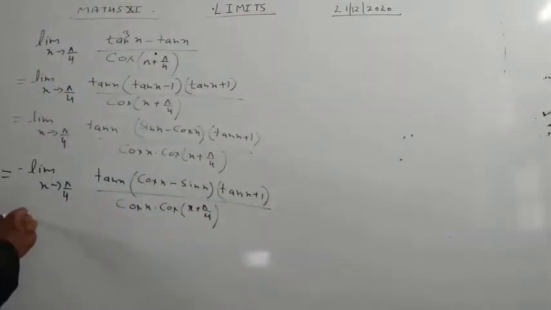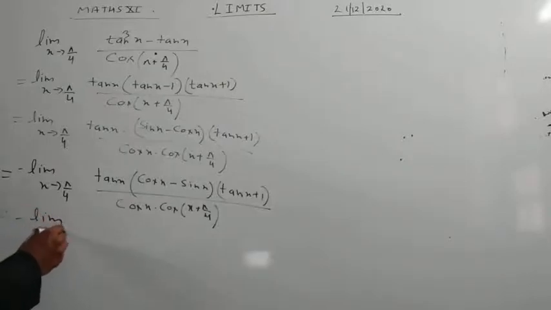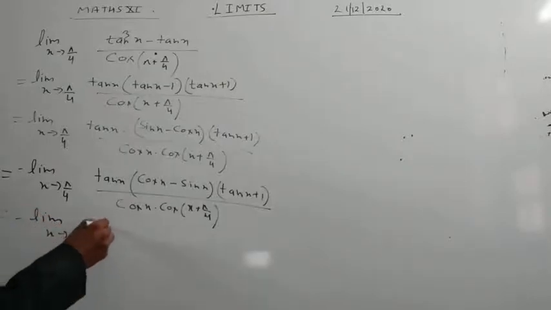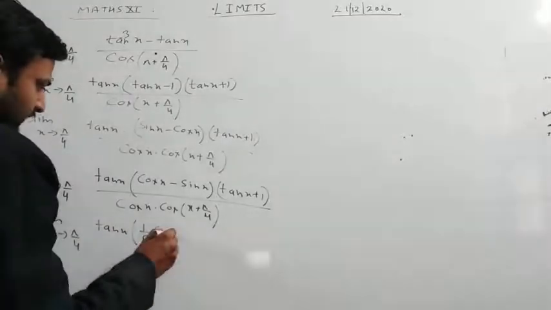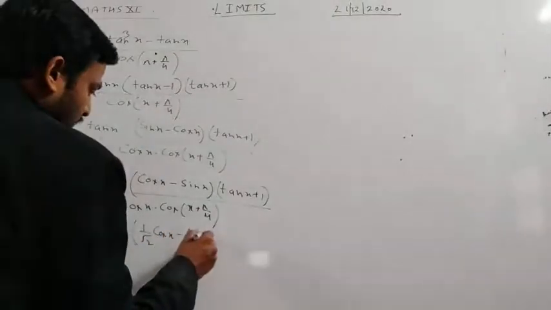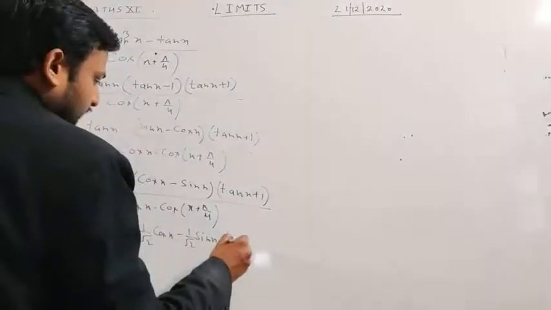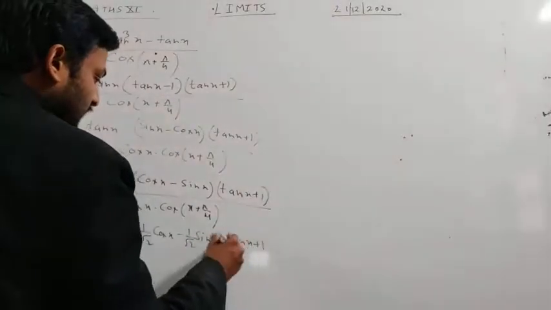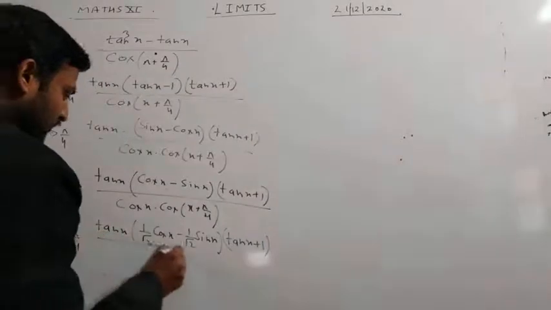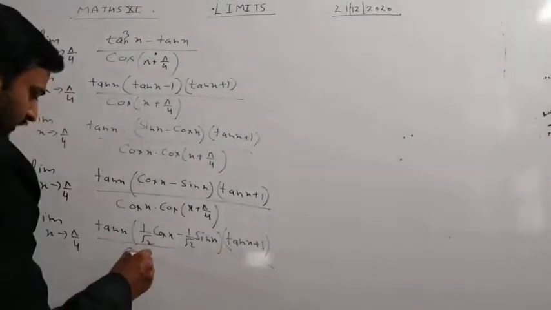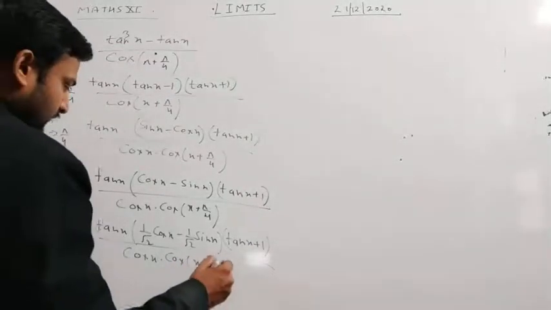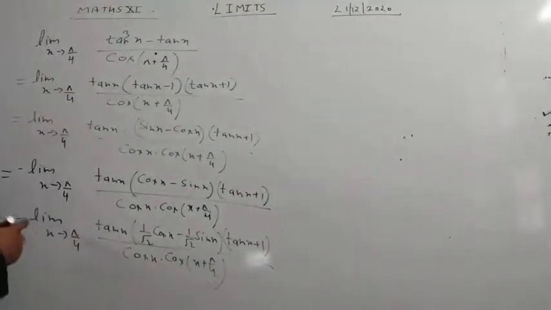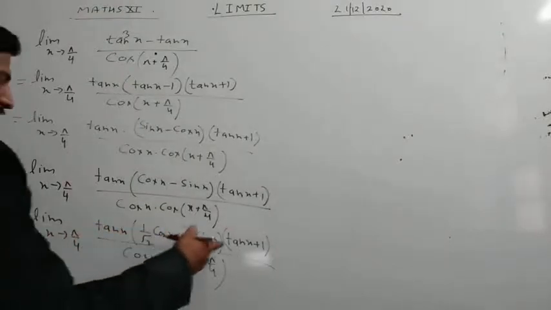Now minus limit x tends to pi by 4 of tan x (1 by root 2 cos x minus 1 by root 2 sin x)(tan x plus 1) by cos x cos (x plus pi by 4), and here we multiply with root 2 because we are dividing with root 2 inside the bracket.